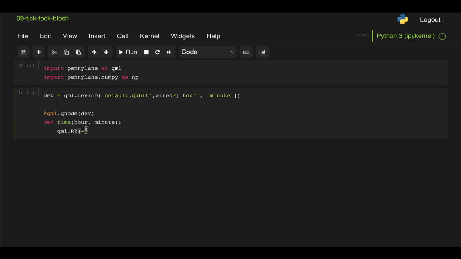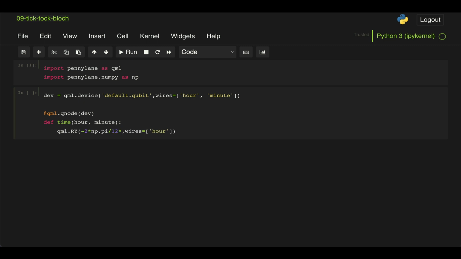And then the angle that we need to apply for, let's say, the wire hour will be, well, if around the clock we have a total of 12 hours, and around that circle we also have a total of 2 pi, well, we need to take 2 pi and divide it by 12, right?